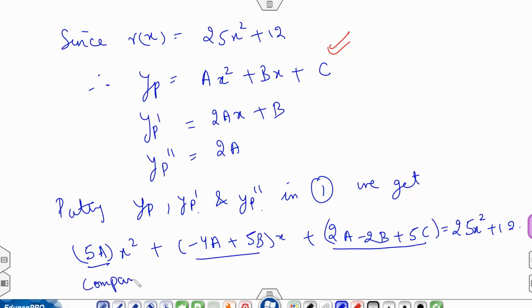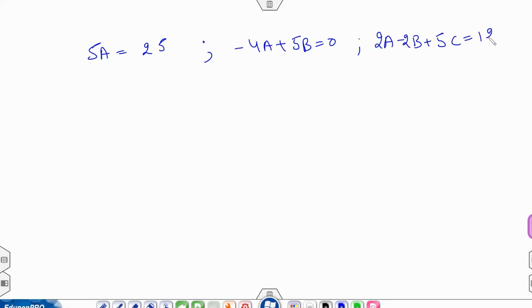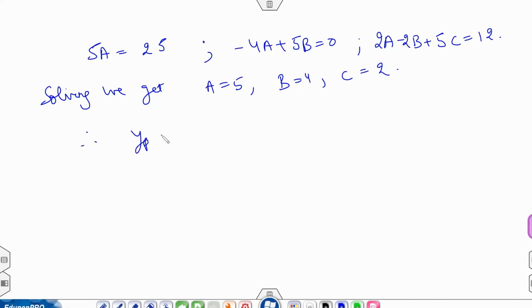Now comparing coefficients of x², x and the constant term on both sides, we get 5a equals 25, minus 4a plus 5b equals 0, and 2a minus 2b plus 5c equals 12. Solving this, we get a equals 5, b equals 4 and c equals 2, and therefore yp equals 5x² plus 4x plus 2.